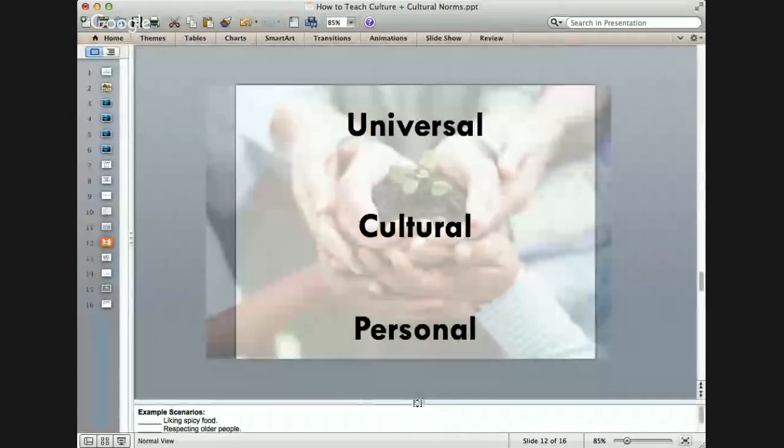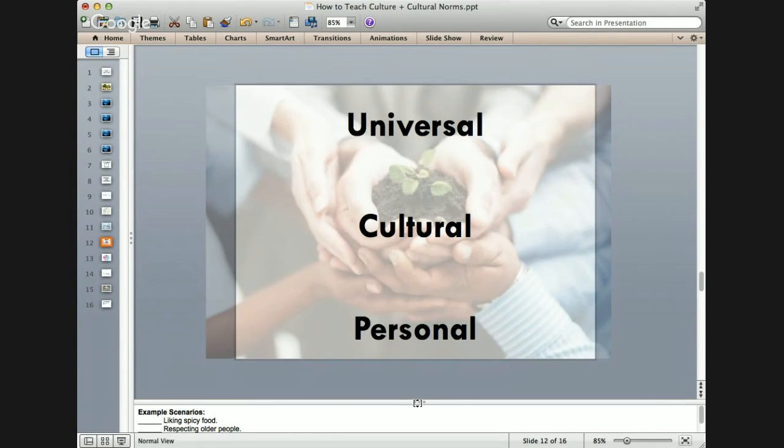Respecting older people. Let's throw that out there. What do you guys think? I would say the same. Personal. Yeah, I would say cultural. So here's another case, right?